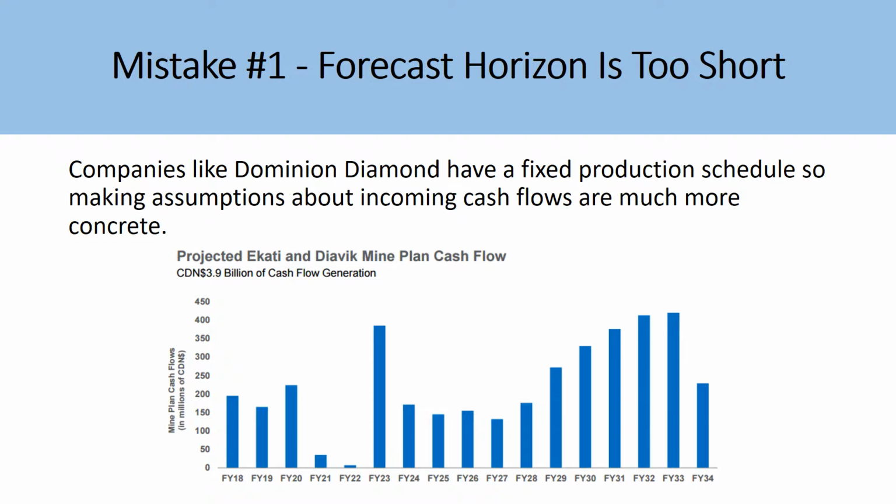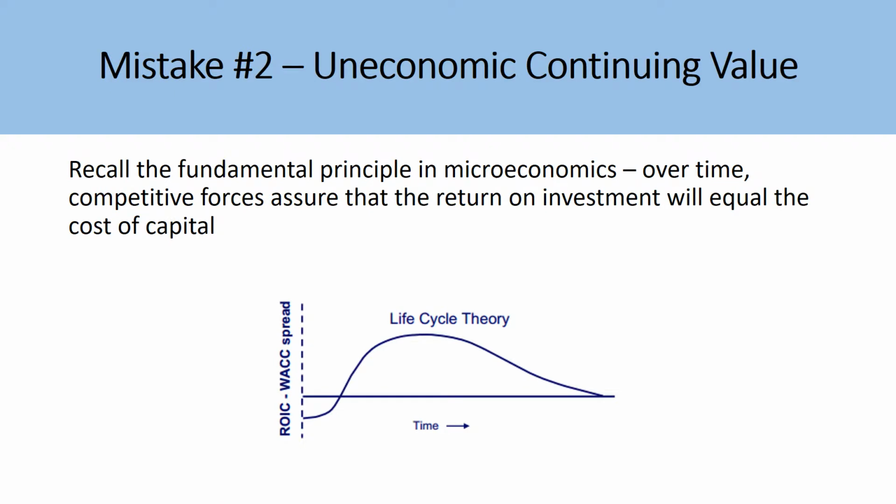But at the end of the day, they are responsible for reporting clear and accurate assumptions of, this is the expected cash flow from our aggregate assets. And so if they are projecting out till 2034, then you can confidently project using your discounted cash flow model out till 2034 as well. And so this is an easy solution, especially in the mining sector, to really build out your models beyond the usual 5-year period.